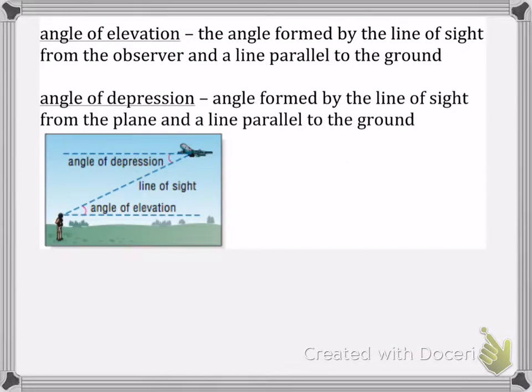Angle of elevation. Angle of elevation is the angle formed by your line of sight from the observer, which is down here, and a line parallel to the ground. So it's them being parallel and then just turning your head and looking up at something. Angle of depression is the angle formed by the line of sight from a plane and a line parallel to the ground.